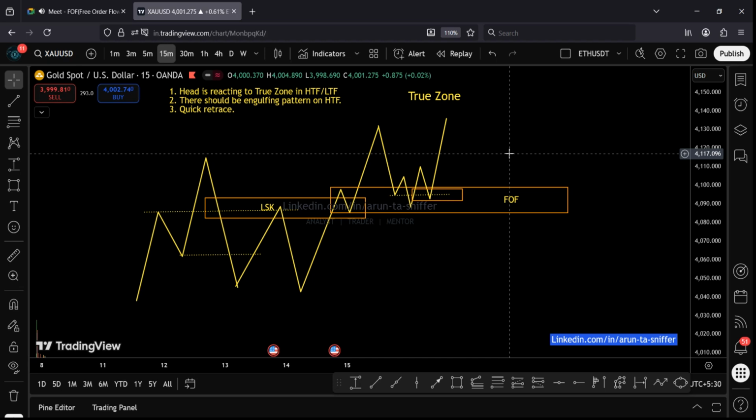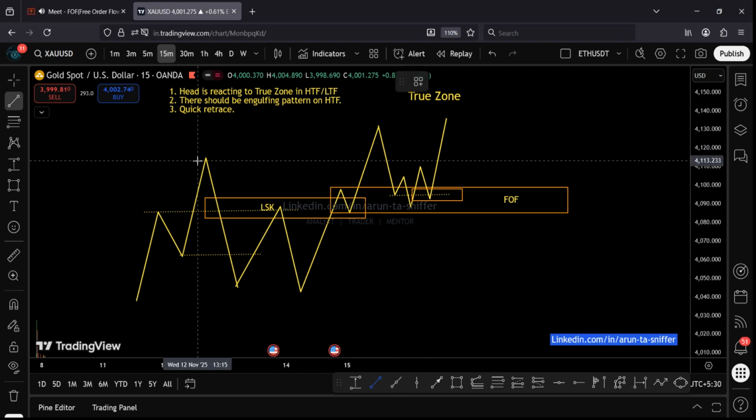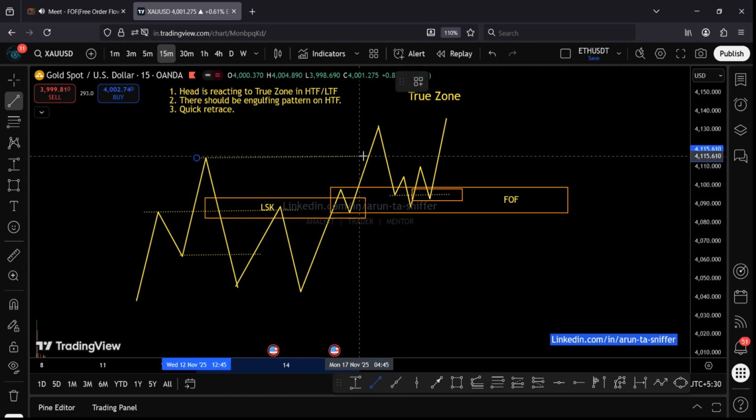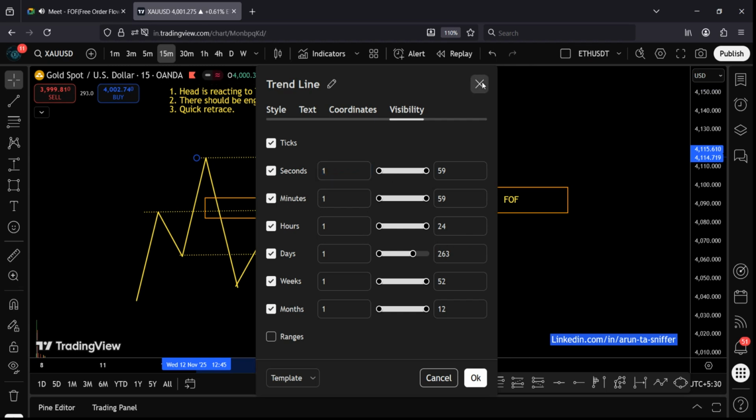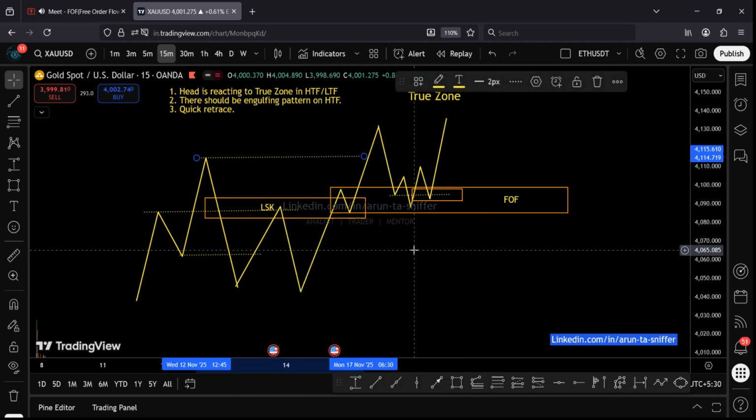The QM level doesn't work and price crosses the QM level, pulls back a bit and then goes up. But you need to wait for the price to cross this higher high level, right? Price should cross this higher high before you trade the IQM level.